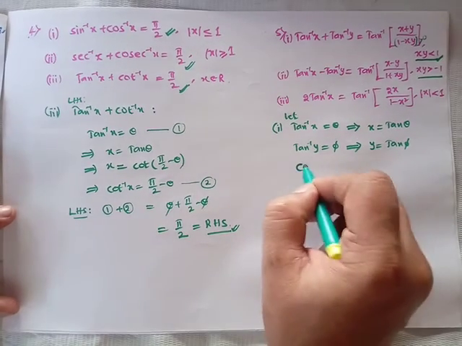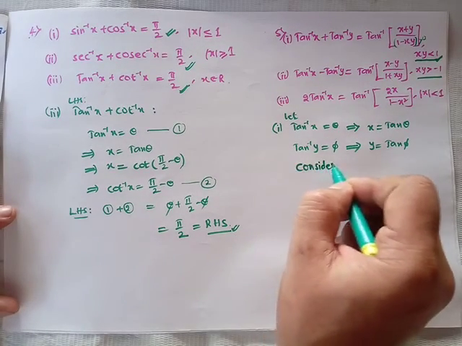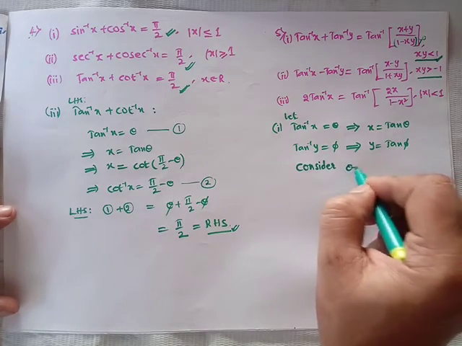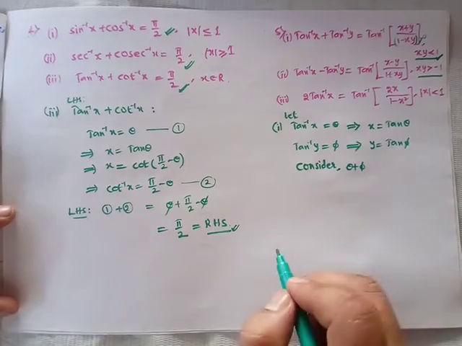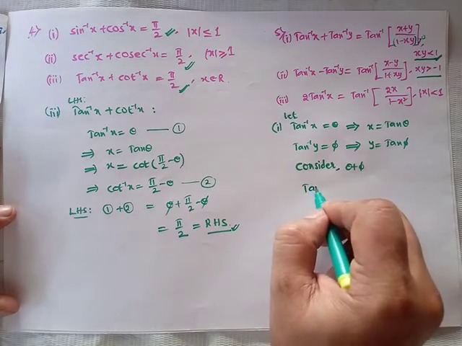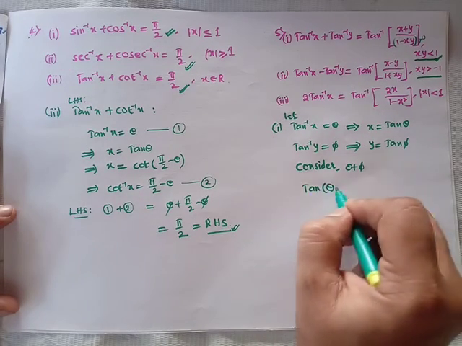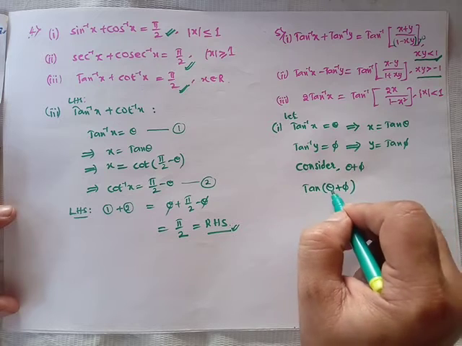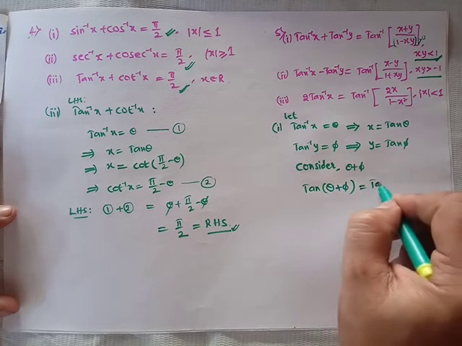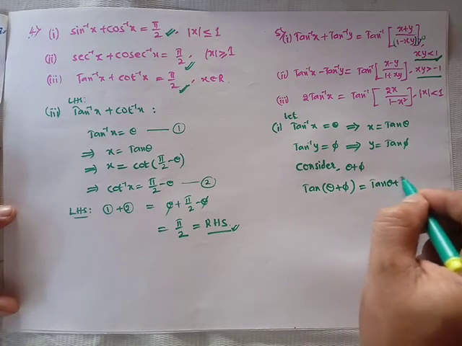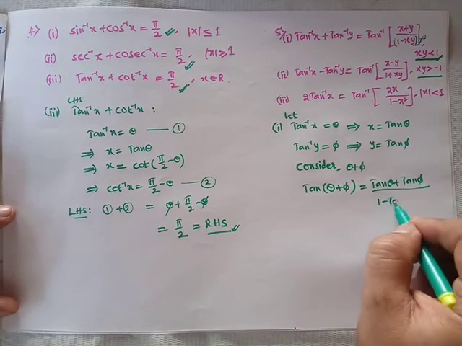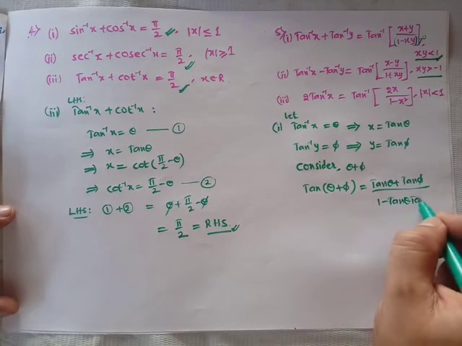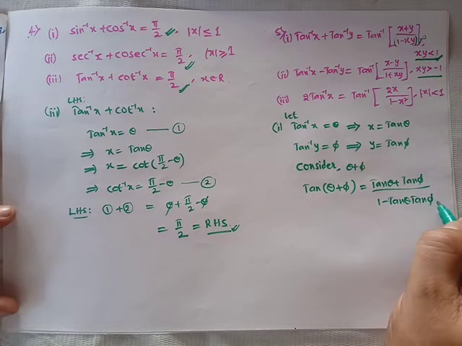Now consider theta plus phi here. Considering only theta plus phi, then applying tan, tan of theta plus phi is equal to tan theta plus tan phi by 1 minus tan theta into tan phi.